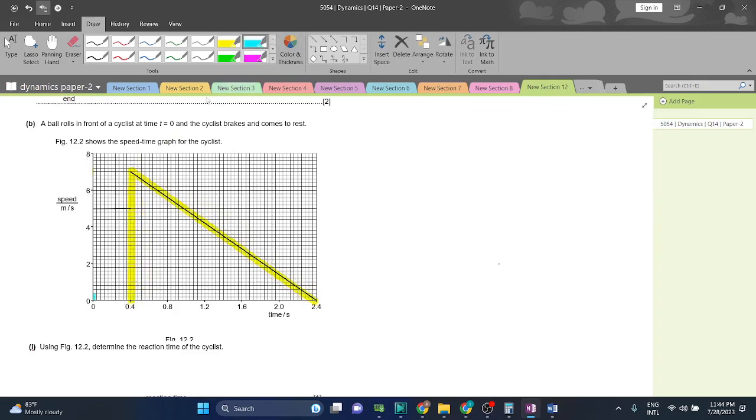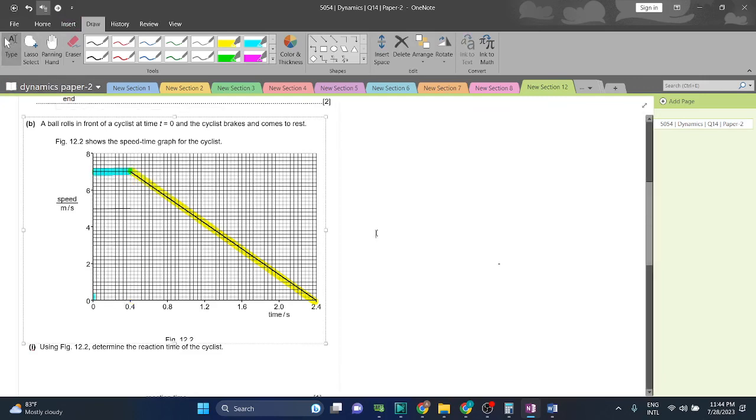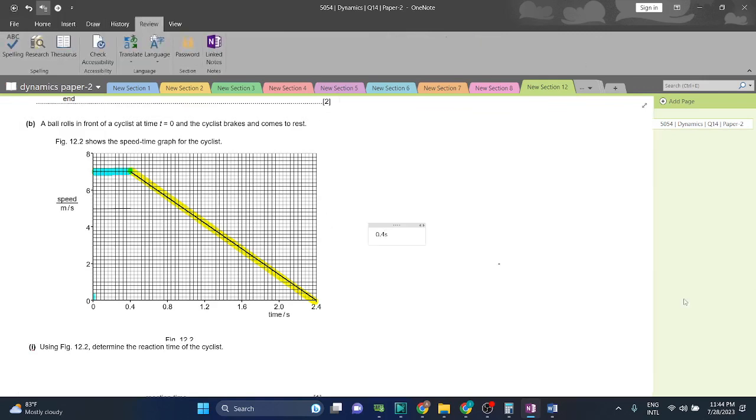And before this, he was thinking, because he had seen the ball at time t equals 0. But the time between he sees the thing and the time he starts to apply the brake is the reaction time, which is going to be 0.4 seconds. I hope you understood that. So 0.4 seconds. Next.